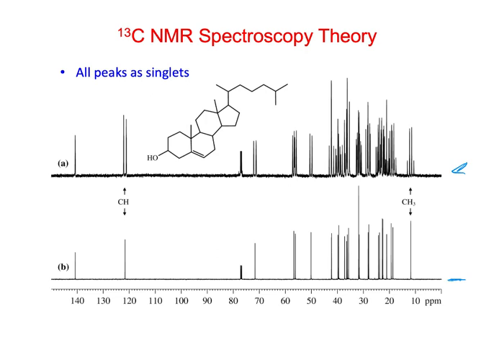Can we say for each carbon atom we have one peak in the decoupled spectrum? So this one down here is the decoupled, so all the peaks are singlets.